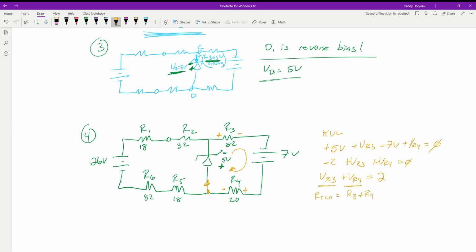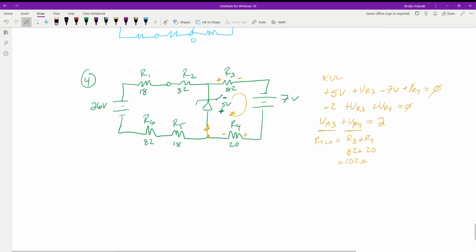So we have 82 plus 20, and that's going to give us a total of 102 ohms. So VR3 is going to be equal to 82 over 102 multiplied by the 2 volts, because that's what's available, and we have to split that up. And then we just solve for that value.